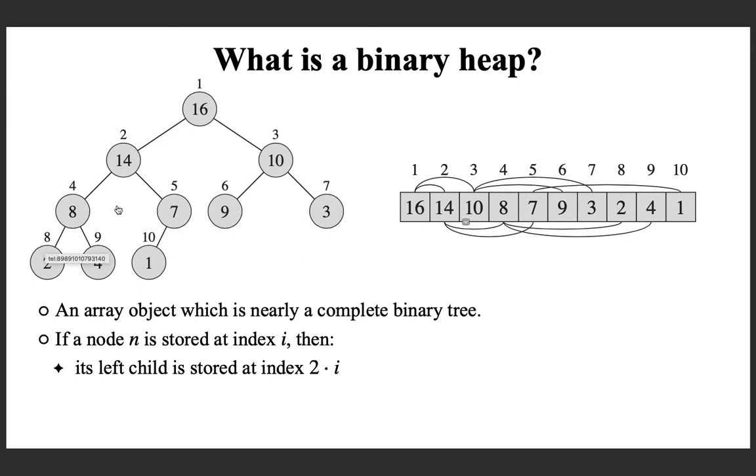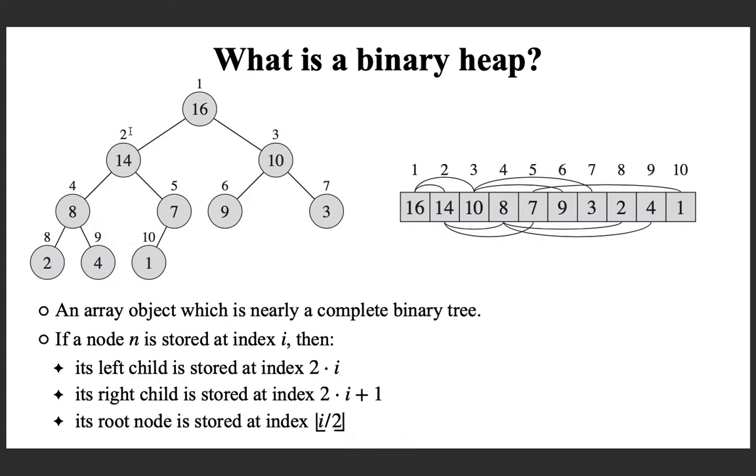You can prove it using the principle of mathematical induction, and similarly you can observe that if a node is stored at index i, then its right child is stored at 2i plus 1, the next index after the left child. And you can also observe that the parent of the node at index 2 is stored at 1.